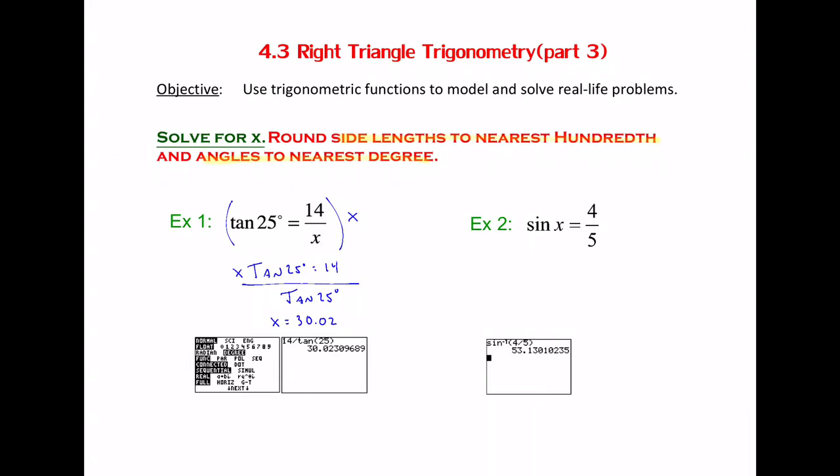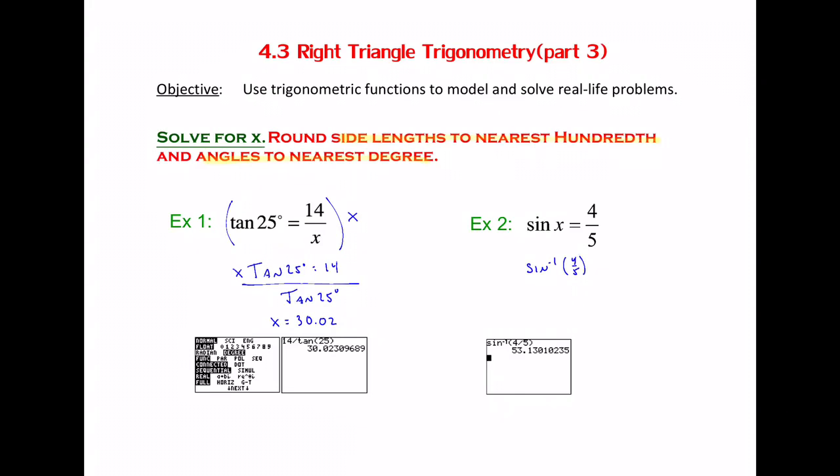Alright, on example 2, we're looking for an angle measure. Sine of an angle is equal to 4/5, or opposite over hypotenuse. When we're looking for an angle measure, we use the inverse. Once again, we're looking in degrees, so make sure you're in degrees on your calculator. You're going to do the inverse of sine of 4/5.